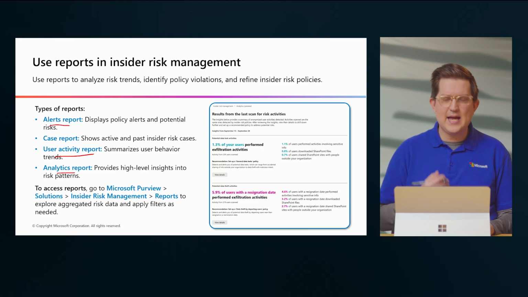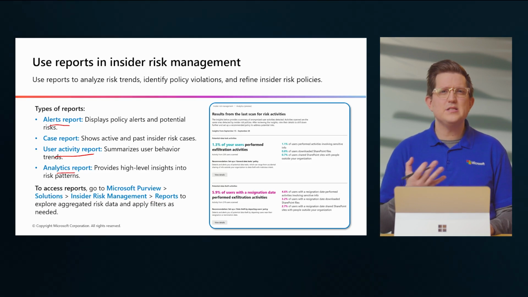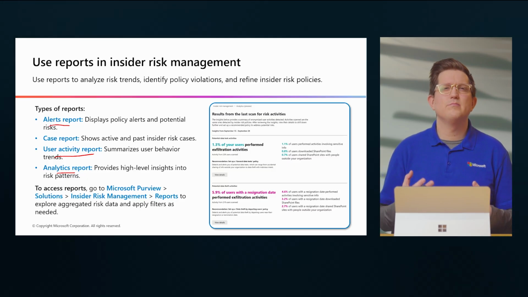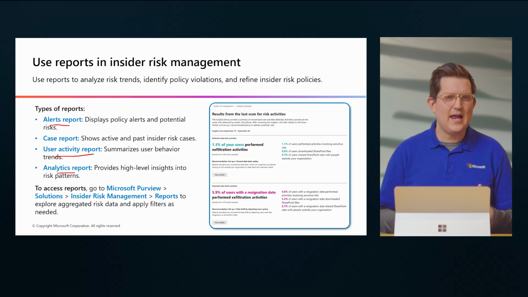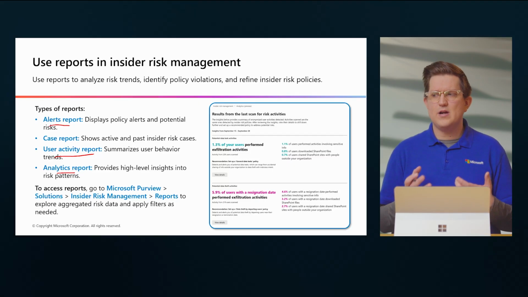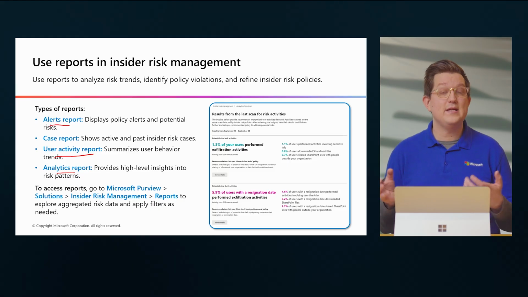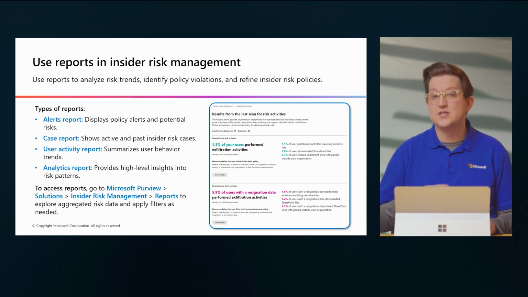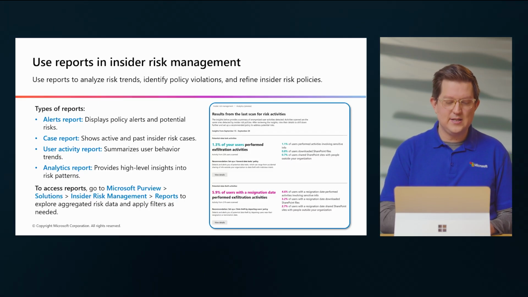And last of all is the analytics report. This gives you aggregate insights. Think of this as an aggregate mechanism for investigating at our optimization stage. Right at the end, it'll give you insights and recommendations about where policies could be improved. You can access all of these by just going to the Insider Risk Management tool and then selecting Reports.